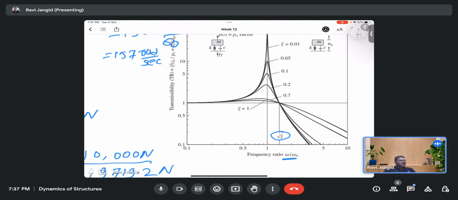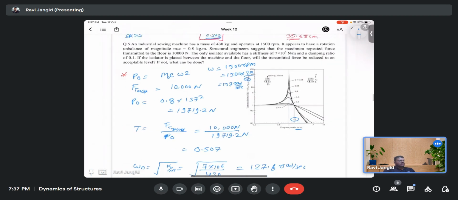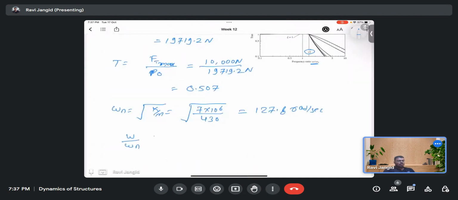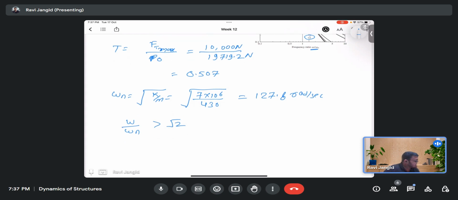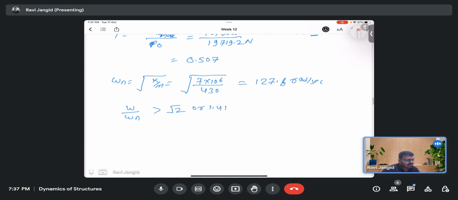So for isolation, my omega by omega n should be greater than under root 2, so that I can get the isolation. The square root 2 value is 1.41, but here what is my omega by omega n ratio? Can you get me the omega by omega n ratio?